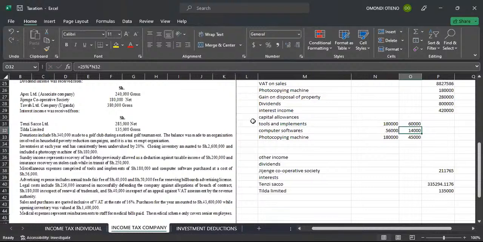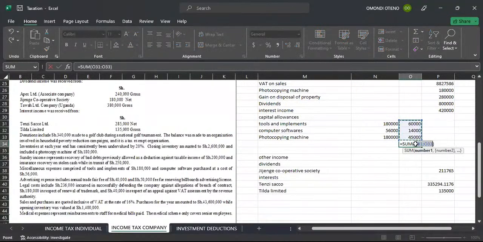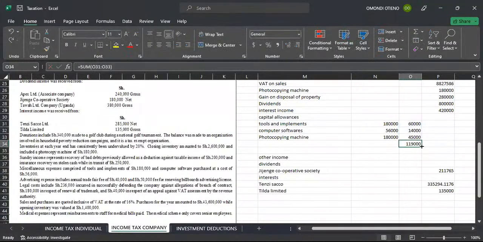So it means the capital allowances which is allowed to be subtracted to reduce your taxable profit is going to be the summation of these three figures here. That is the total capital allowance.